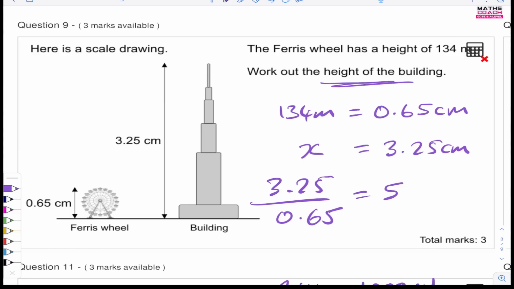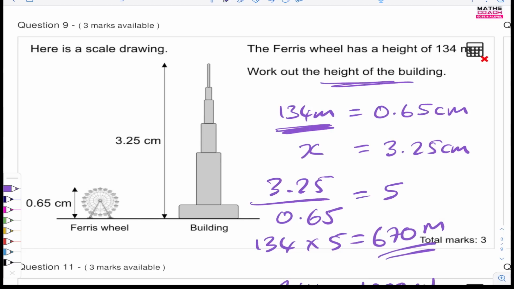So that means 5 lots of 0.65 will go into 3.25. And if 0.65 is representing 134, the height of the building can be found by doing 134 times 5. So 5 times 134 gives us 670. So the height of this building is 670 meters.